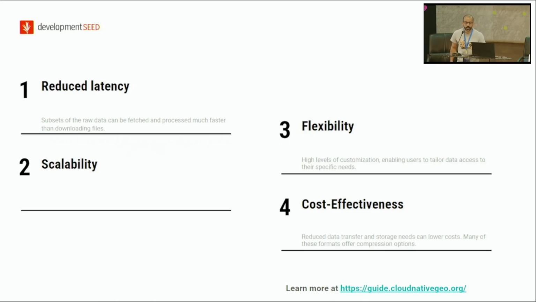And it's also very cost effective, because as you are transferring smaller amounts of data, you pay less for the data transfer, and they generally have good compression options that also reduce the costs of storage. We have a guide about cloud native data formats on that website. You can check it later to know more about it.